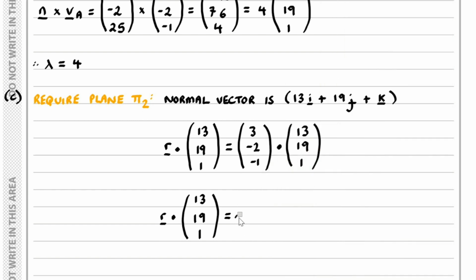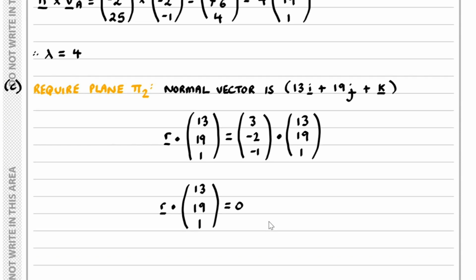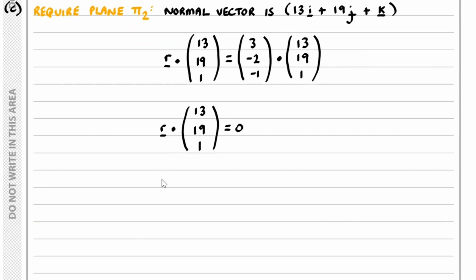And if we were to write down the Cartesian equation, we can therefore conclude pi 2 is given by 13x plus 19y plus z equals 0.